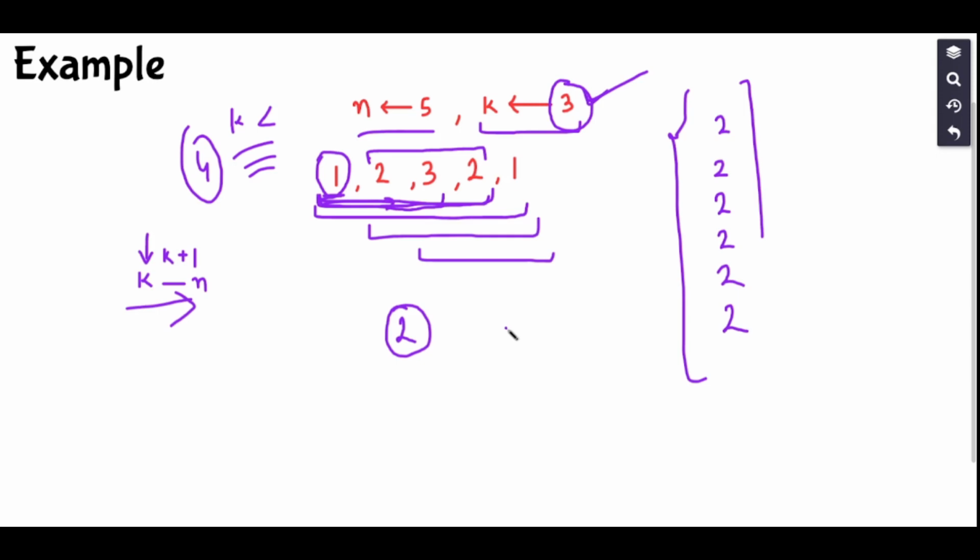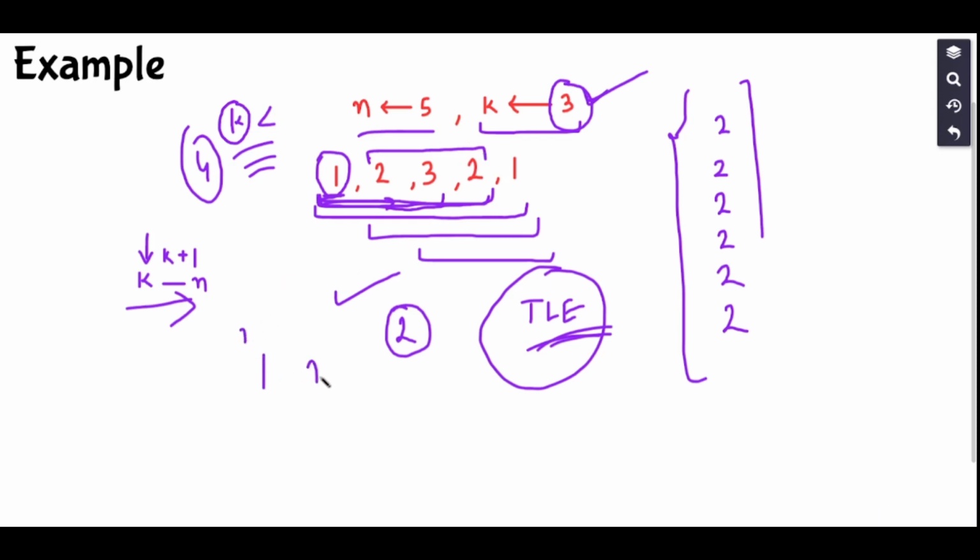This type of brute force solution will give me TLE, or time limit exceeded, that is generating every subarray of length k and greater than k starting from every index of this array, that is from 1 till n minus k. So this approach is not going to work. Okay, let's see how we can solve this problem in an optimal way.